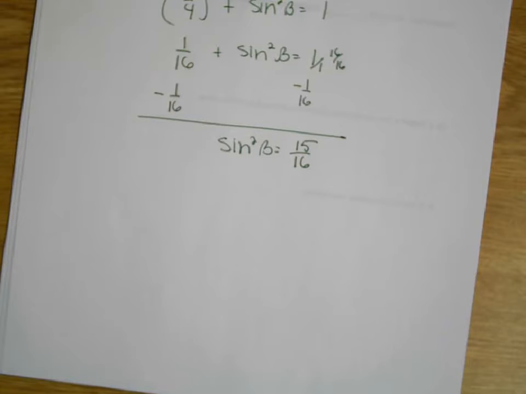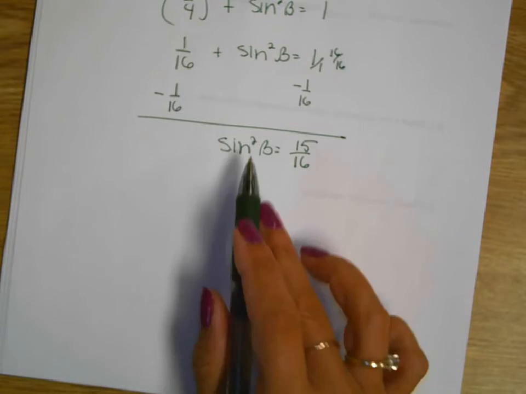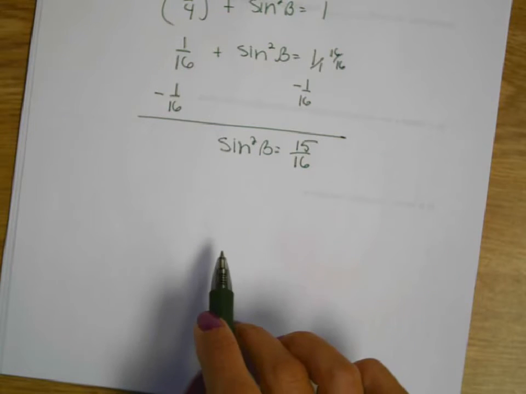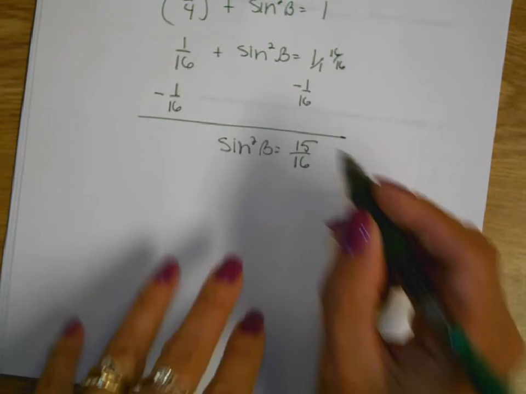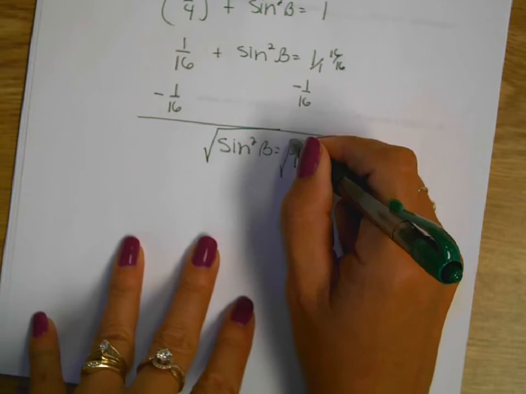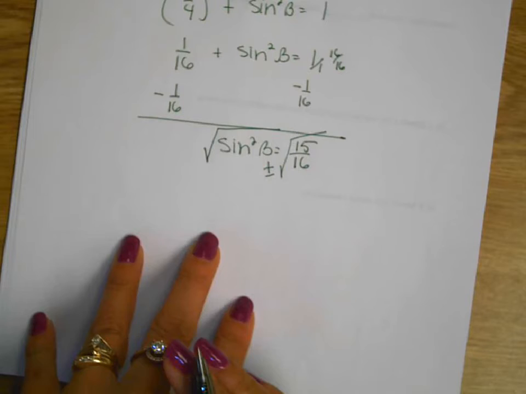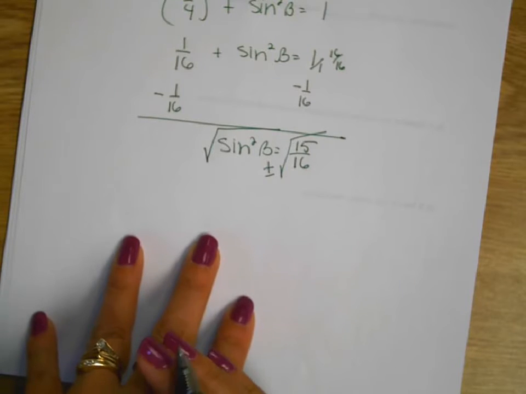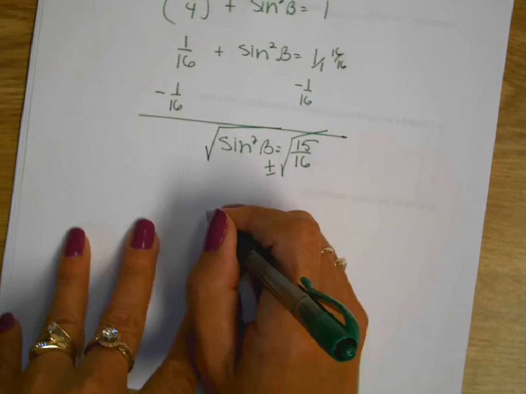What do I have to do now? My goal was to find sine of beta. I've got sine squared of beta. Square root both sides. When you introduce a square root, what do you have to remember? Plus or minus. We got to decide whether our sine ratio is going to be positive or negative. We'll do that on the next line.